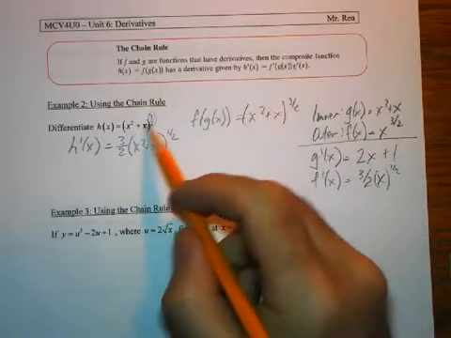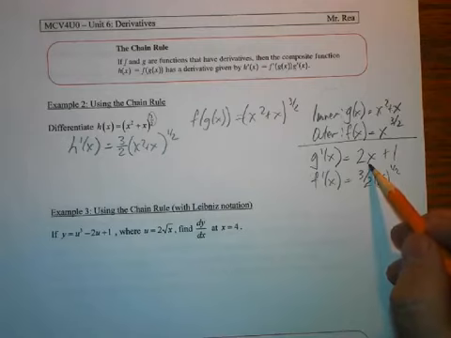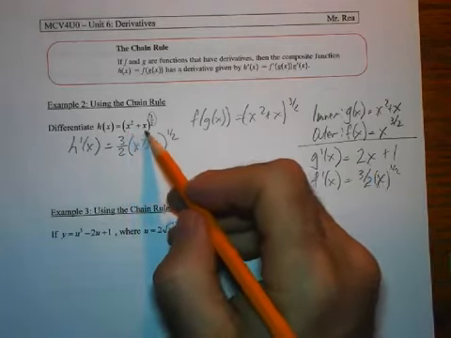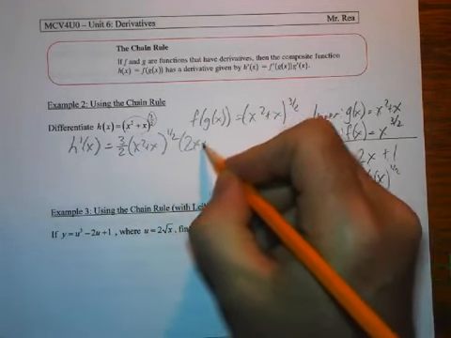And now the thing I have to do differently is multiply by the derivative of g of x, the inside function. So the derivative of the inside function is 2x plus 1.